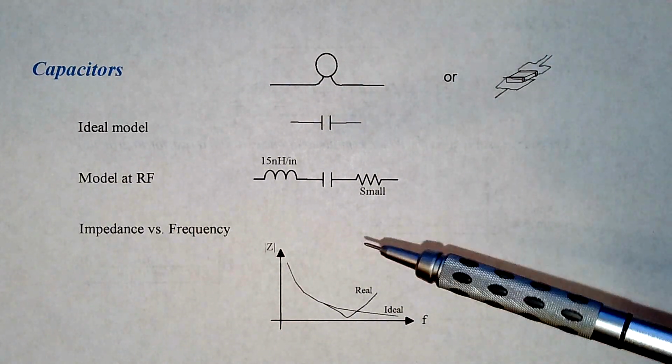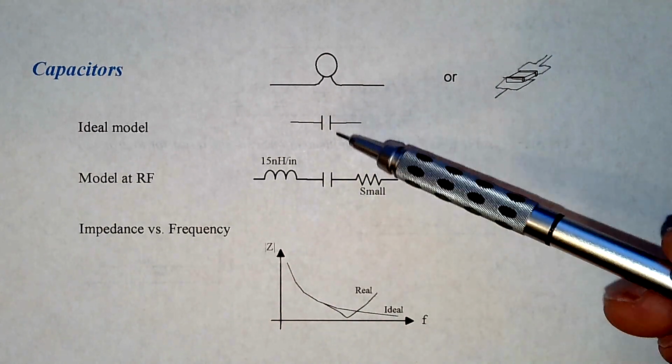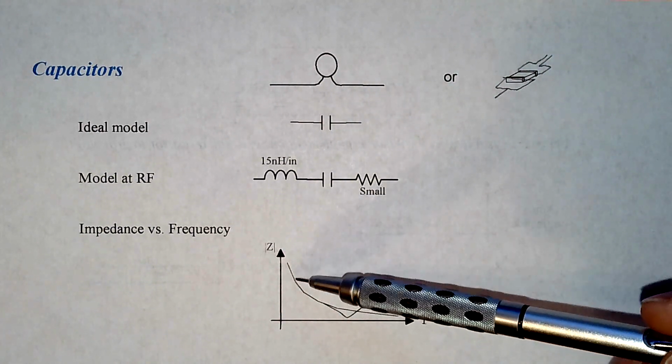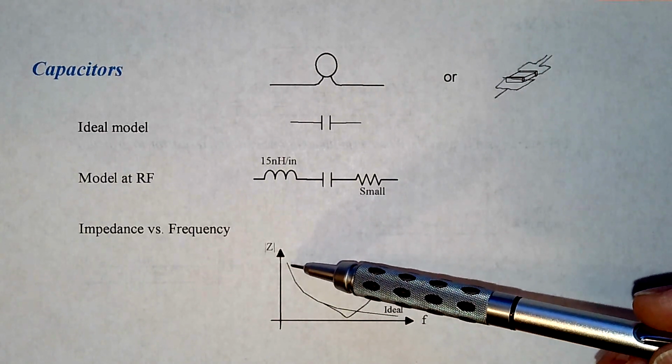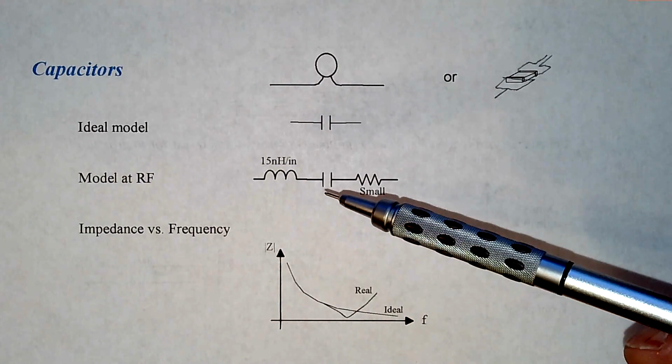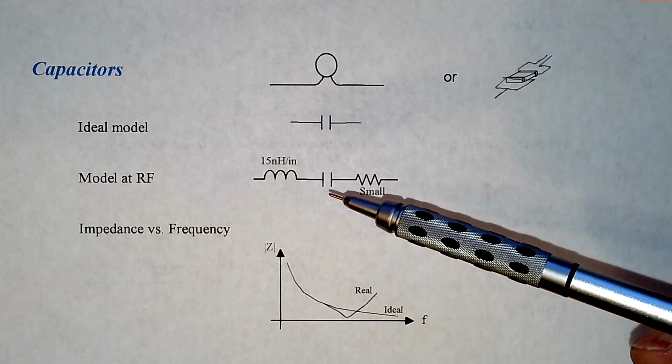What's the behavior? Well, at low frequencies, it acts as a capacitor. No problem. So at low frequencies, it goes up as the frequency goes down. But you now have an inductance in series with a capacitance, and you may recognize that as a series resonant circuit. And a series resonant LC circuit tends towards zero impedance at the resonant frequency.